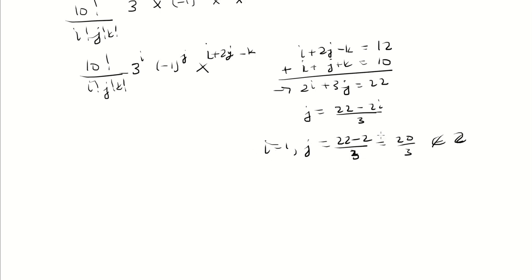So we cannot consider this combination. When we go to i equals 2, we have 22 minus 2 times 2 over 3. That's 18 over 3, which is 6. And so this is an integer. So we'll just keep going. We'll try i equals 3 all the way up to i equals 10.